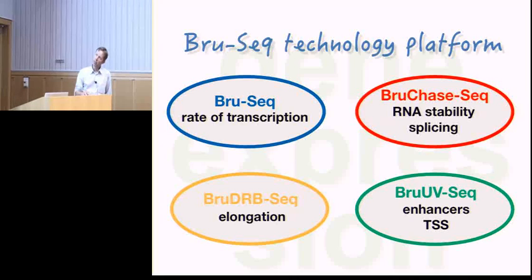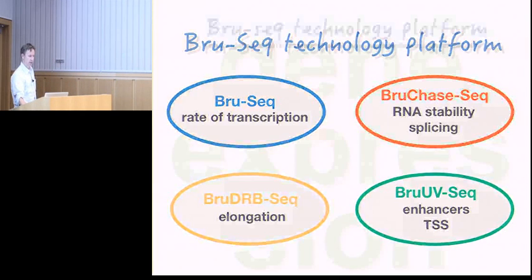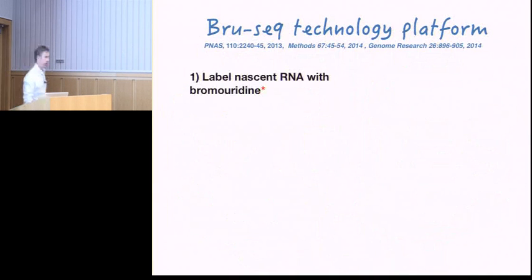The BruDRB-seq technique allows us to measure the rate of transcription elongation on many thousands of genes. And finally, the BruUV-Seq allows us to enhance for reads coming off of promoters, transcription start sites, as well as enhancers. The basis of these techniques is the labeling of the newly made RNA with bromouridine.